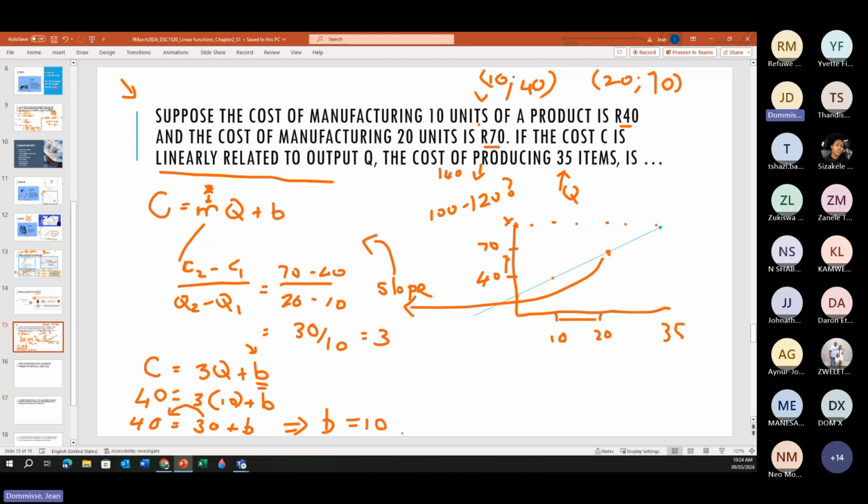Okay, so at least now we're making progress. Our new formula is C is equal to 3Q plus 10. Now we only need to replace one number. They told us Q is 35, so we will need to work out the cost with Q at 35.